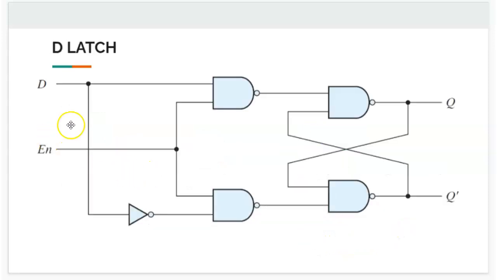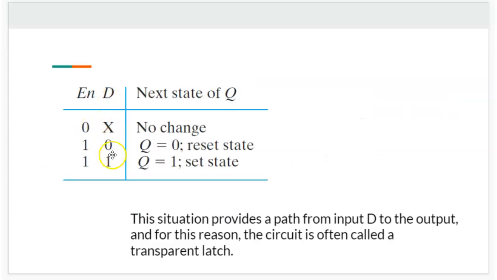That is why we do it that way. Once that is clear, the D latch performs exactly as the SR latch, the only thing is you won't have any forbidden states here. That way you are transferring whatever D has to Q. When D is 0, Q becomes 0, when enable is 1, obviously, and when D is 1, Q becomes 1. So it's called the reset and set state respectively.